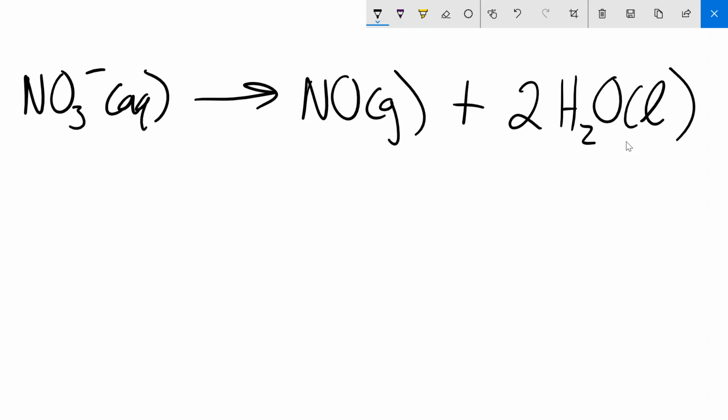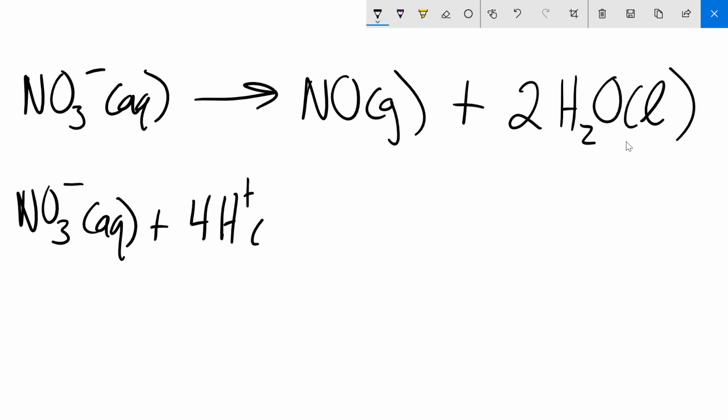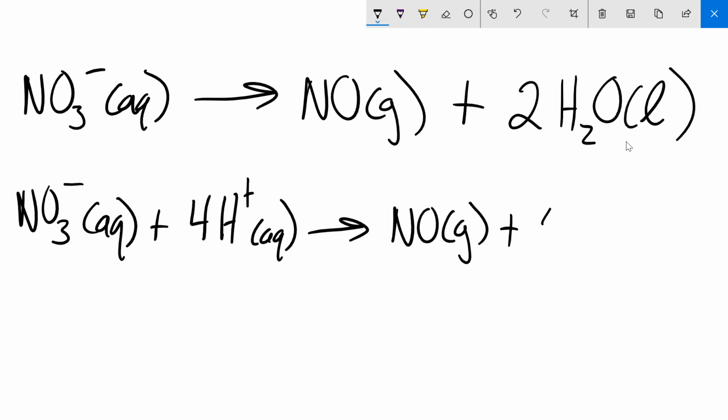We now have 4 hydrogens on the product side and none on the reactant side. To balance hydrogen, we introduce H+ ions to the reactant side. I'll rewrite it on the next line: NO3- aqueous plus 4 H+ aqueous produces NO as a gas plus 2 H2O as a liquid.